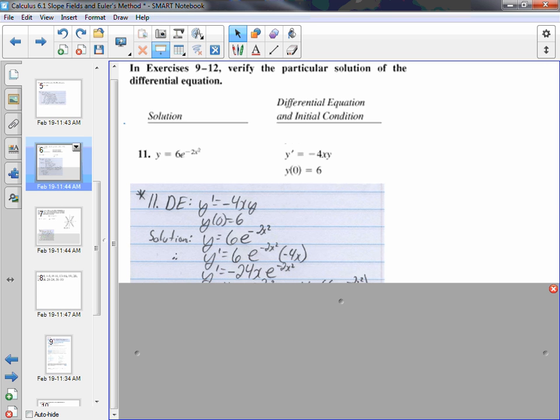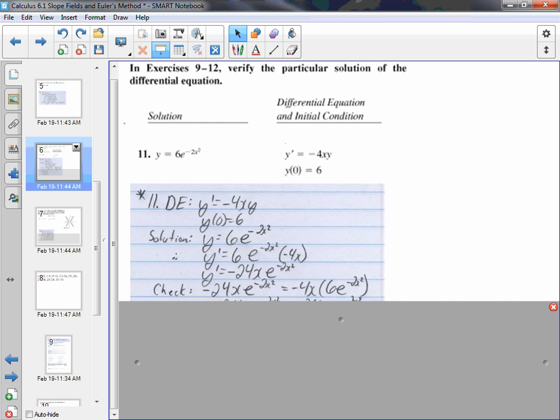Okay? Now, there's a couple of different ways we can go about it from here. Here's what I think is the simplest way. We can verify this without using our initial condition. Like so. So here's our check. Replace y prime with negative 24x e to the negative 2x squared.